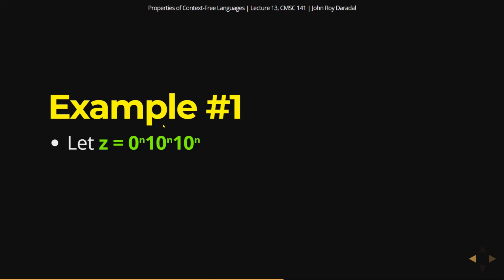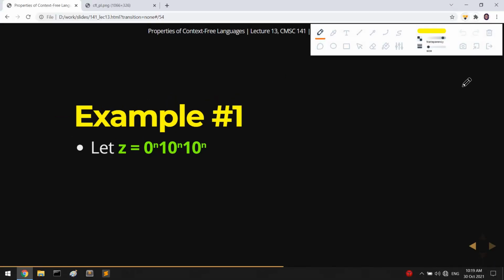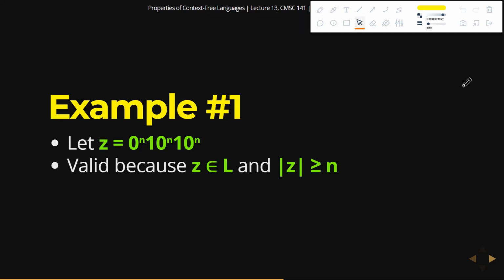So we will choose the string 0^n 1 0^n 1 0^n. And this is valid because this is part of the language, 0^m 1 0^m 1 0^m where m is equal to n. And the length of z is greater than or equal to n, because what is the length of this string?